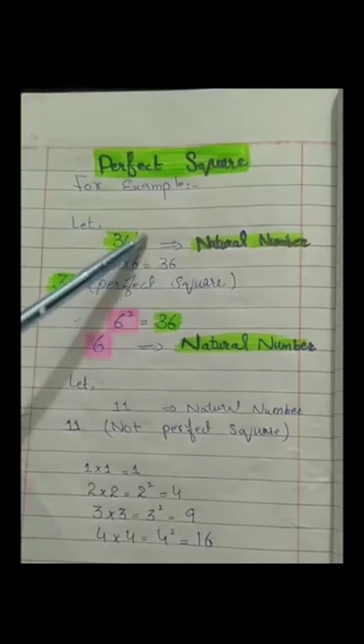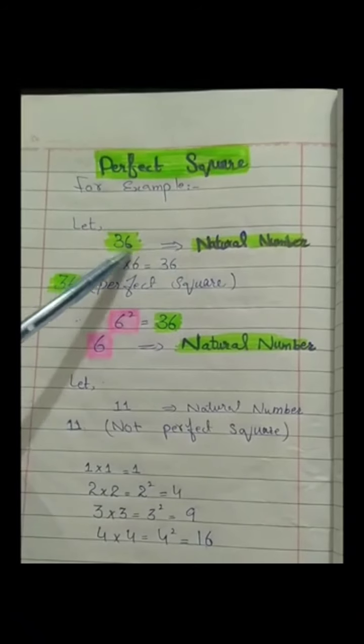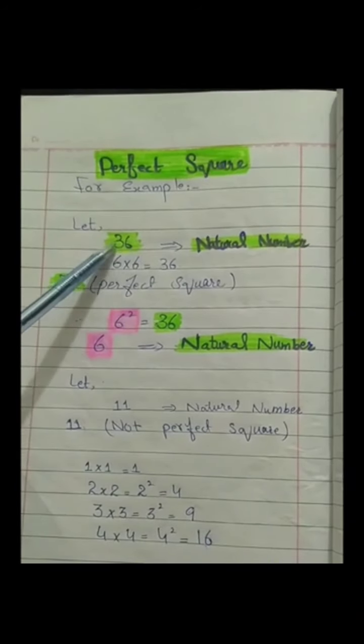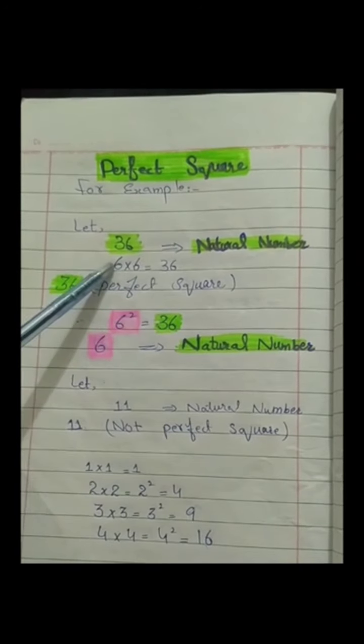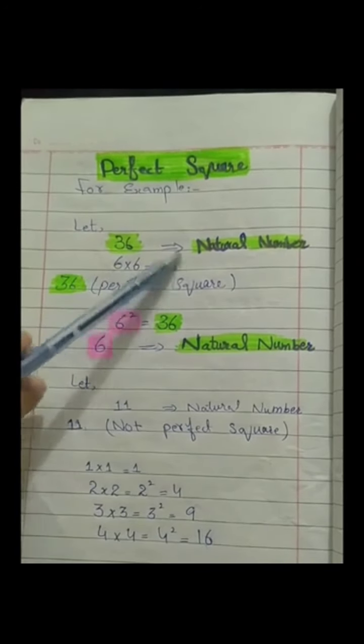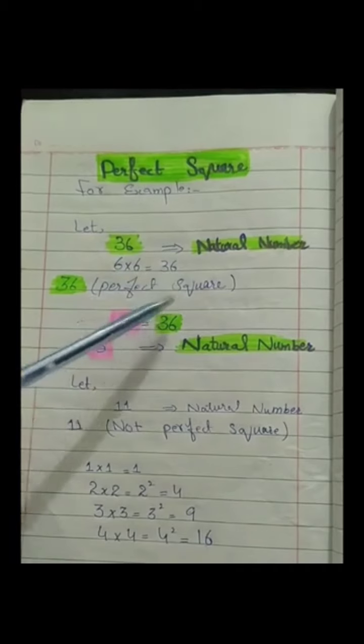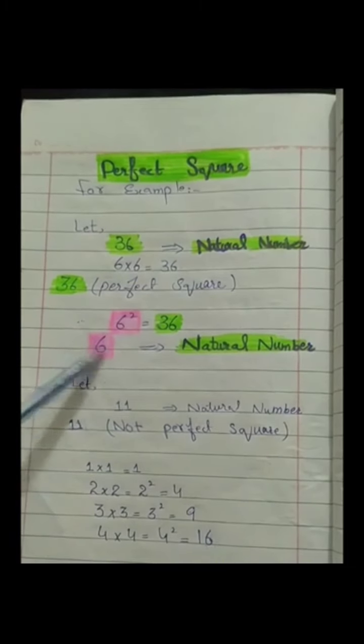We see that there is no pair of 2, 7 or 61. For example, 36 is a natural number and also a perfect square because 36 is the perfect square of 6. When we multiply 6 by 6, we get 36. So 6 is also a natural number.